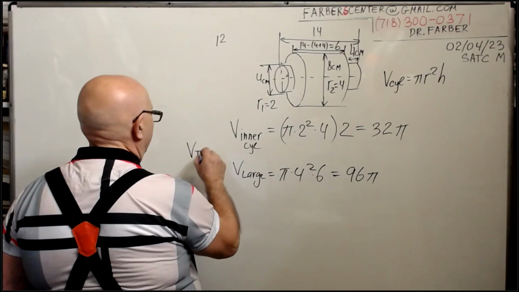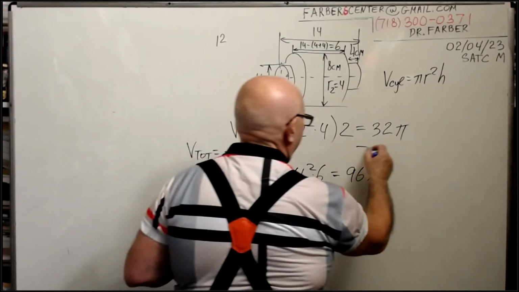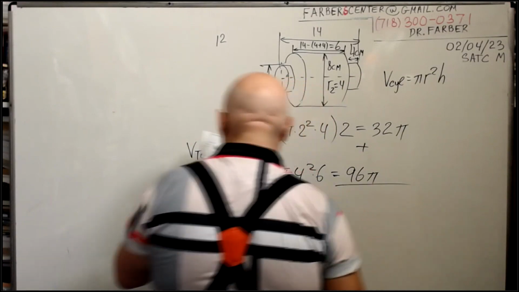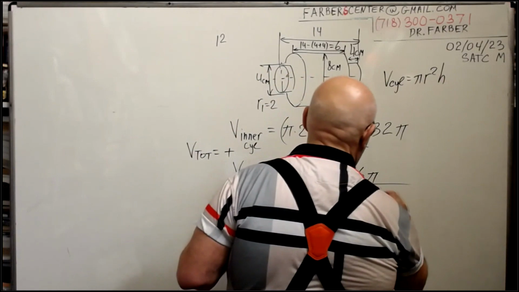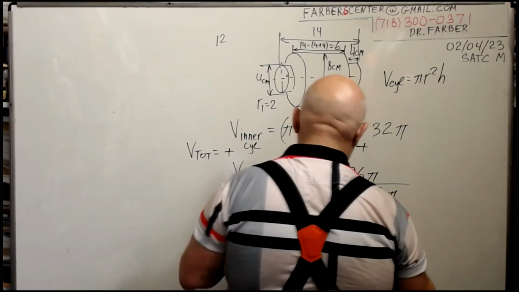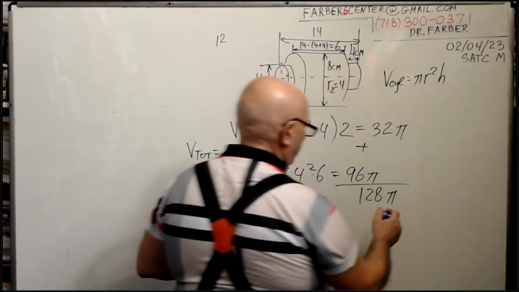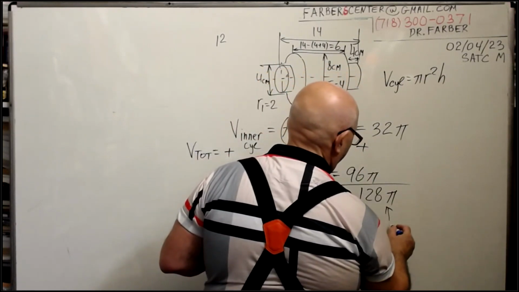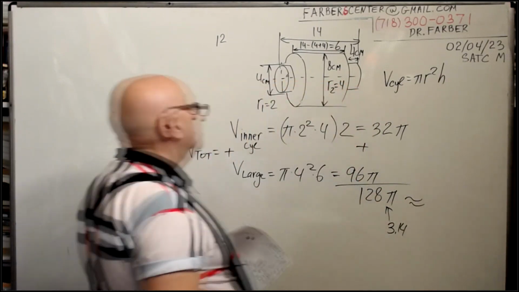V total. Add this to this to this. If you add them up, you will get 128 pi. If you plug in 3.14, you get the result in decimals.